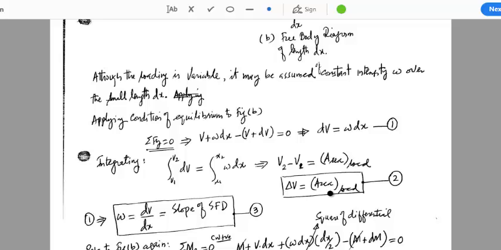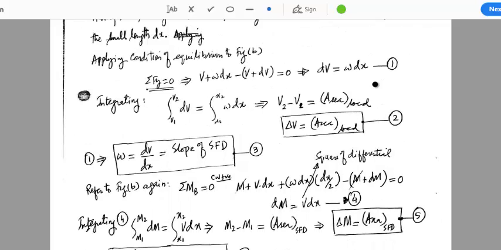At this point we are talking in terms of variables, so it might not be crystal clear to you, but I hope when we solve the numerical problems, these things will become very clear. Anyways, this is one of the important relationships, and we will be using it all the time in the next several weeks. So keep this relationship in your mind: the change in shear is equal to the area of the load diagram.